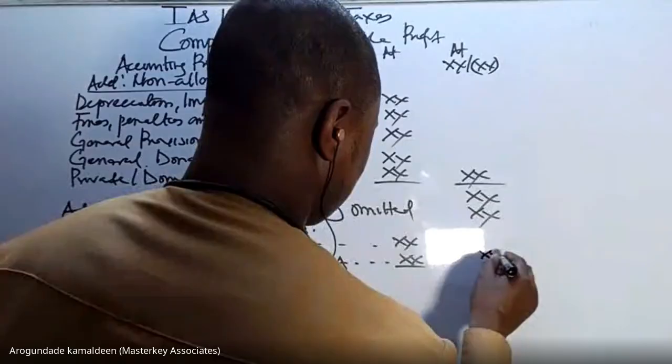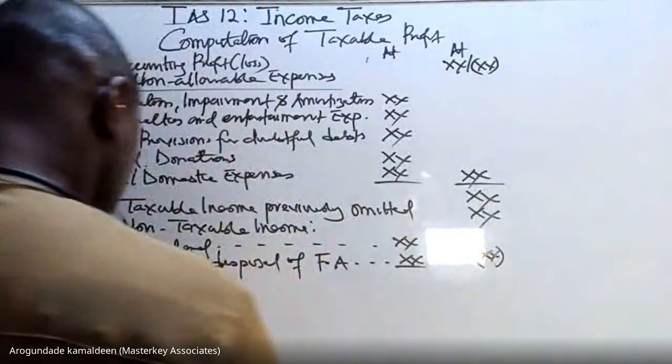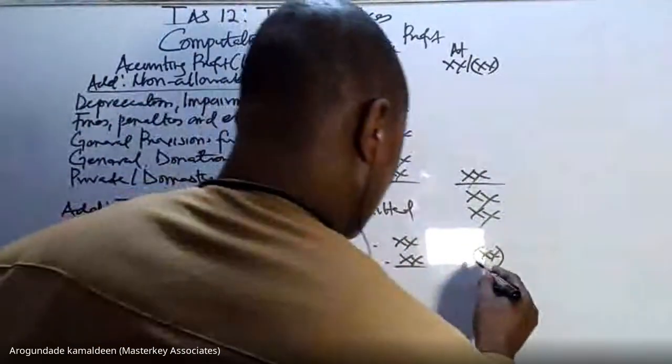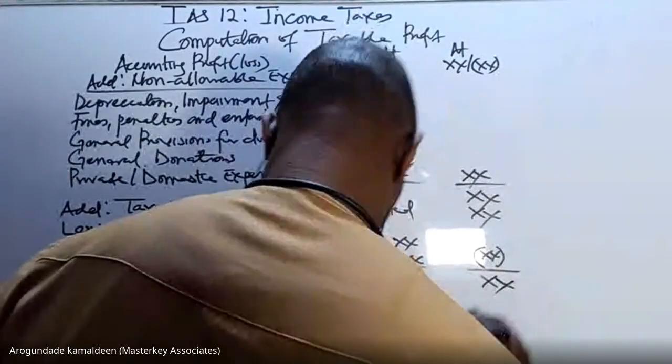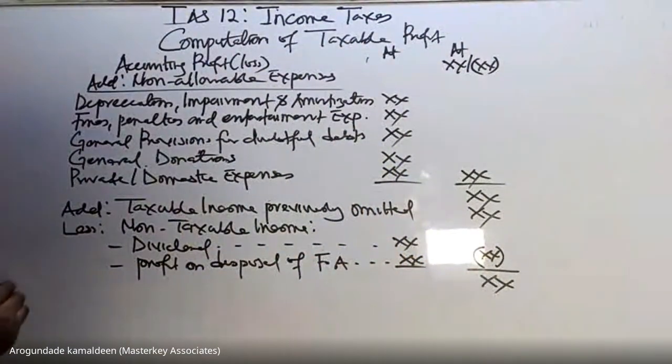You also less. Over there, you have this now. And you have the adjusted profit.